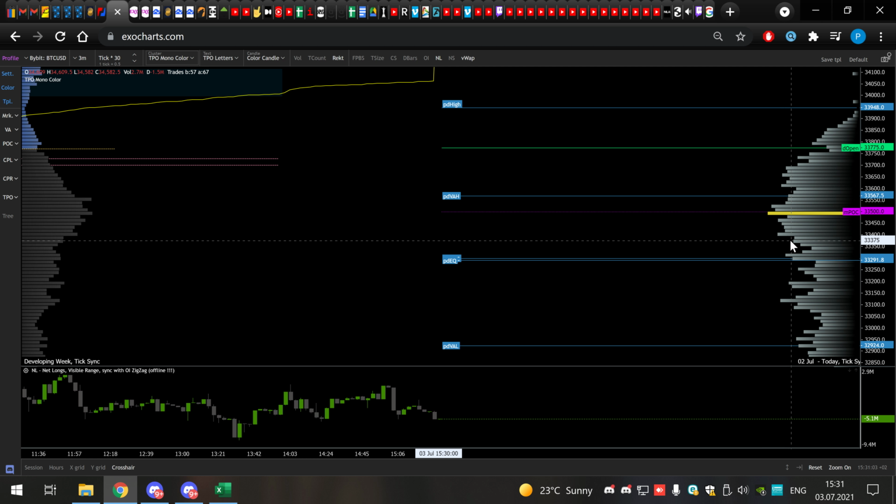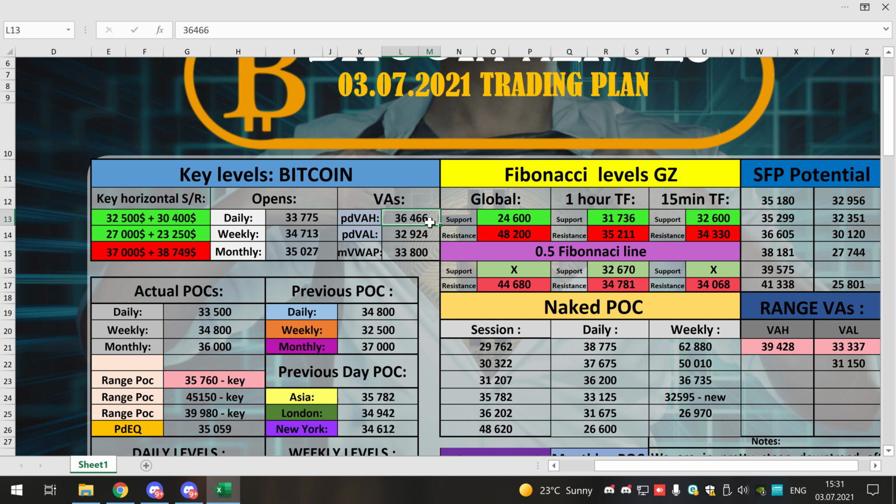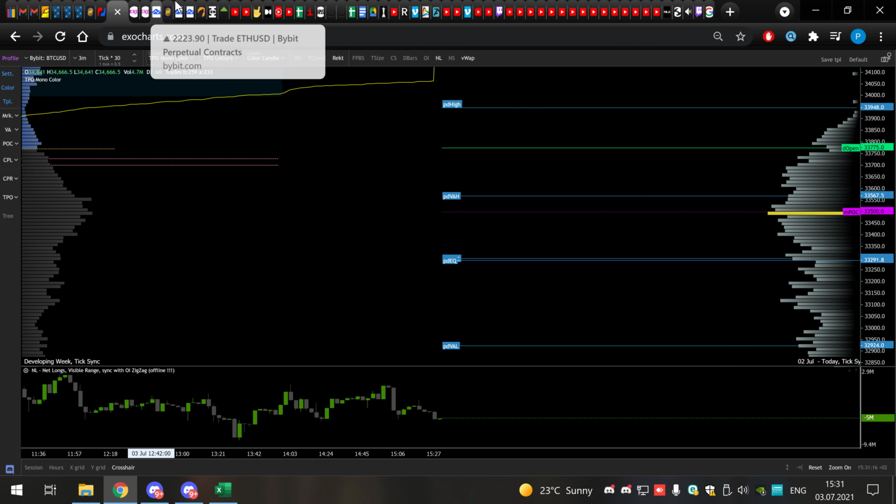Value area high is 33,567. Okay. This is the monthly VWAP. Let's check monthly VWAP in here. Monthly at here 33,573.